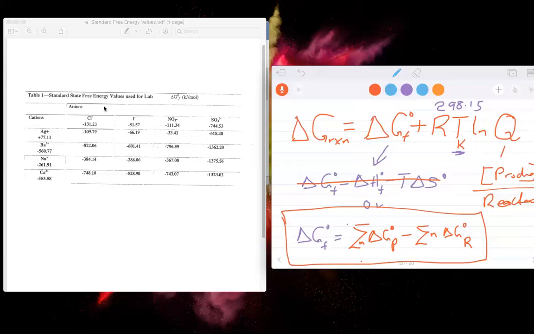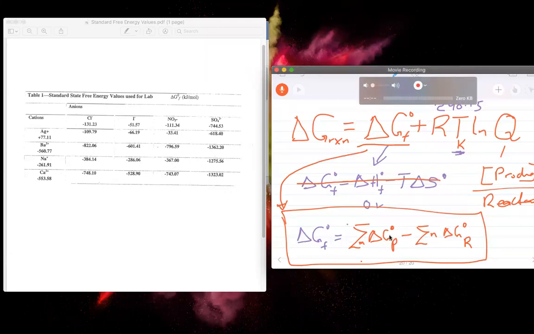Look at my iPad. This term right here, we get from here. Can you see table 1 on the screen? Can you see my screen? Somebody say yes. All right, thank you. This is where you will get the values to plug into this equation.